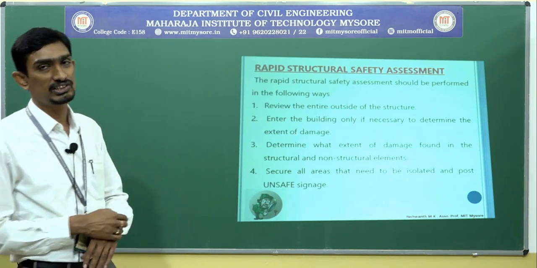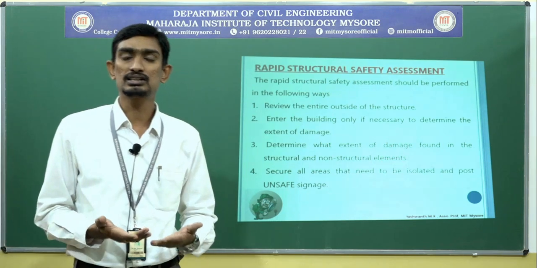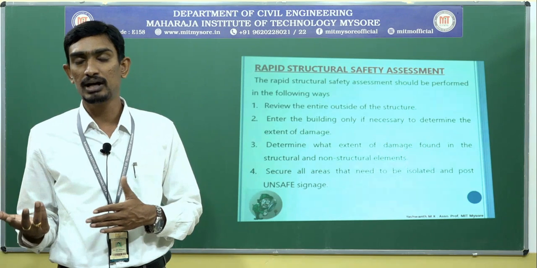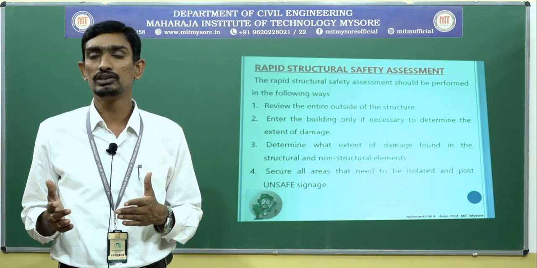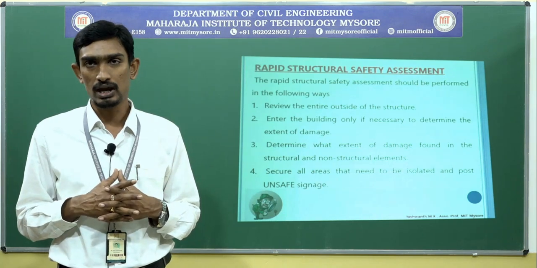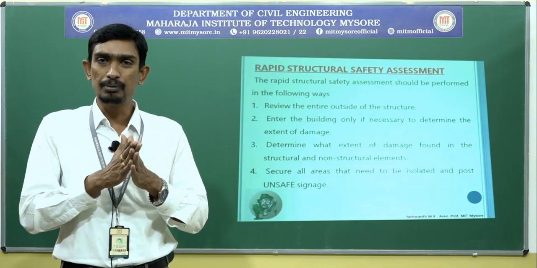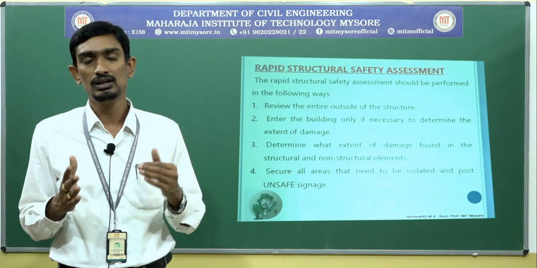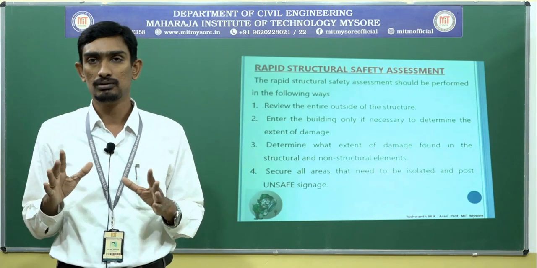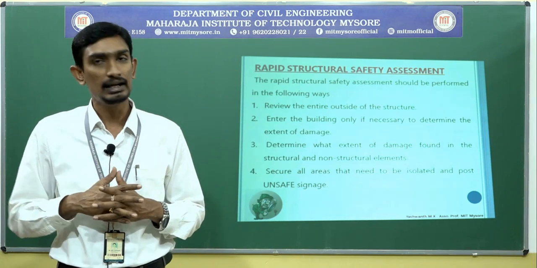They have been bifurcated into structural elements, like beams, slabs, footings, and non-structural elements, that is partition walls, glassware, windows, all those things. I need to bifurcate because I cannot say only that I will inspect the beam, slab, column. You cannot say that to the client.